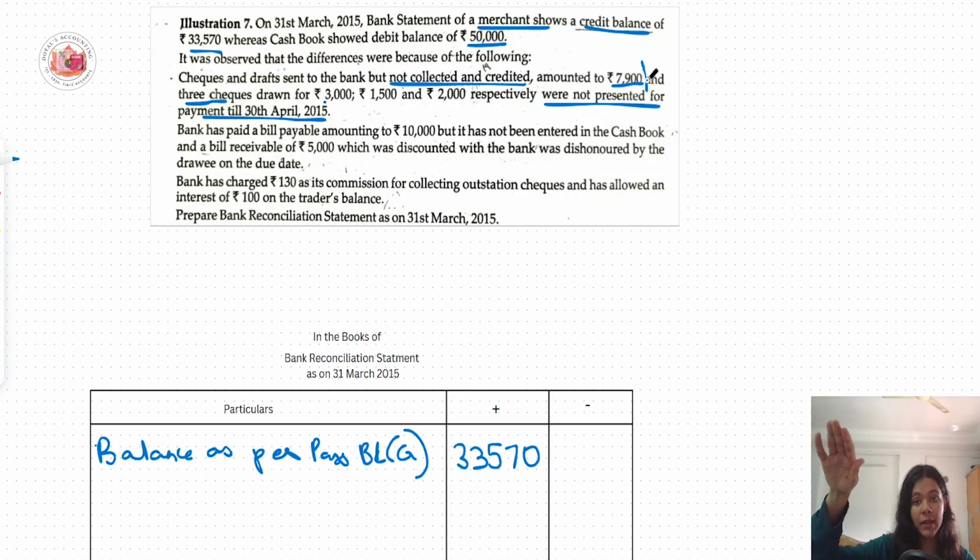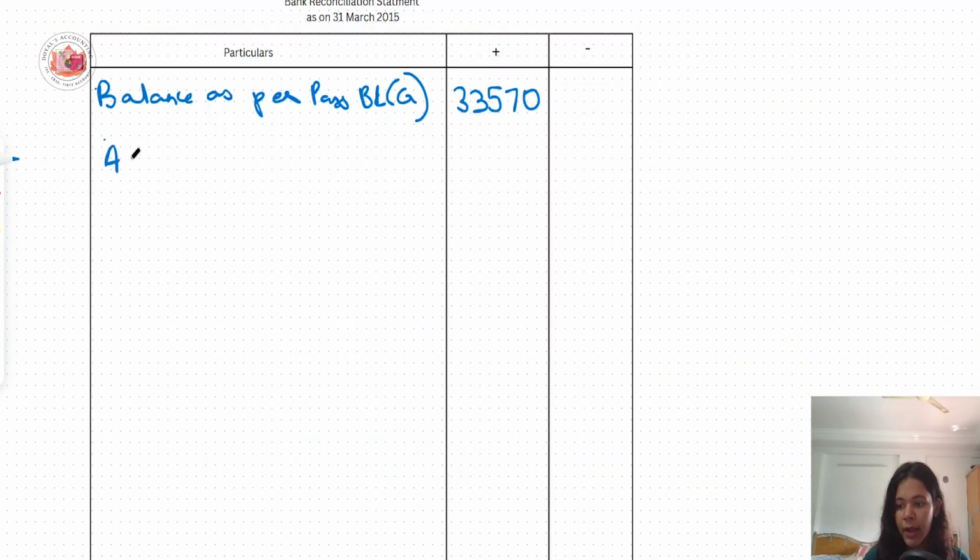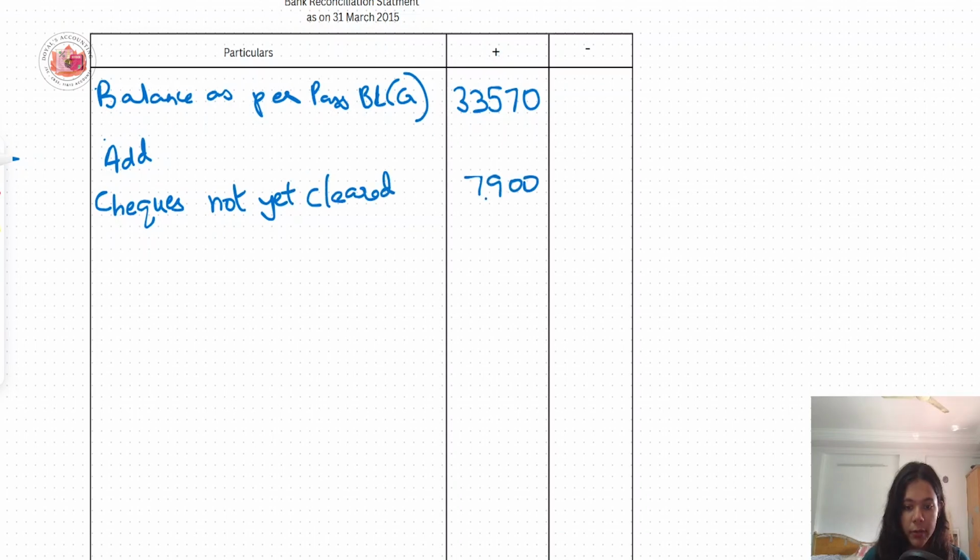My cash book balance is more than my passbook balance, and if I need to equalize the two, I have to add 7,900. So here I will add checks not yet cleared, 7,900.